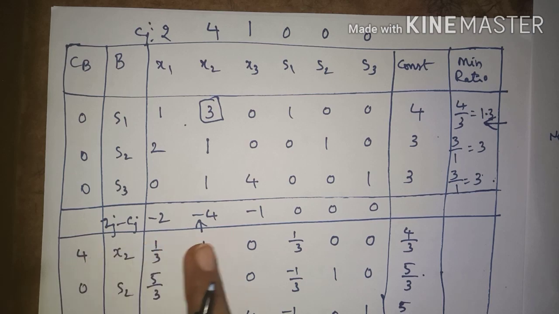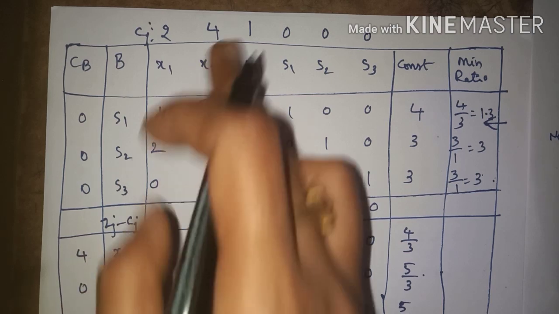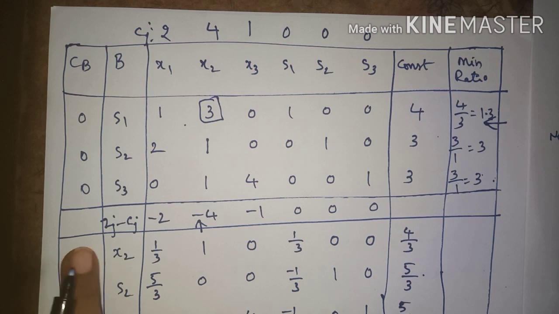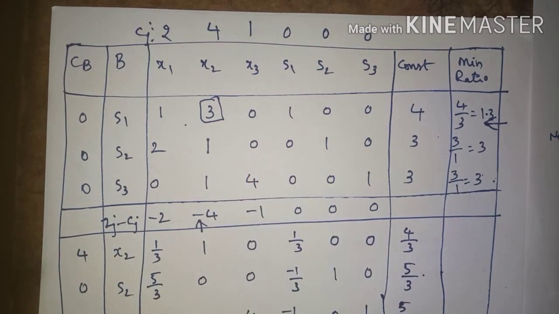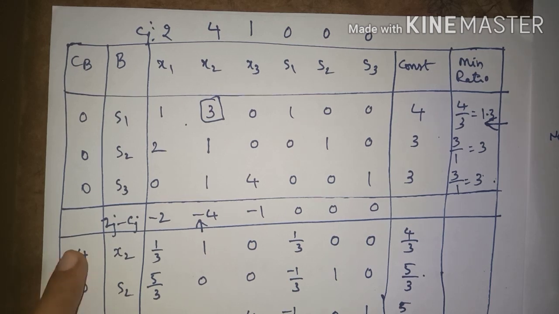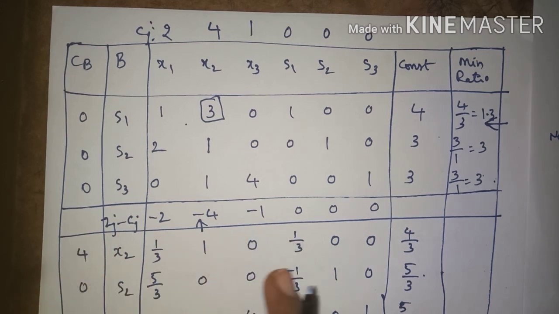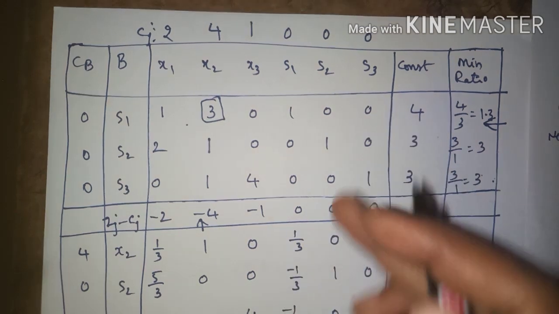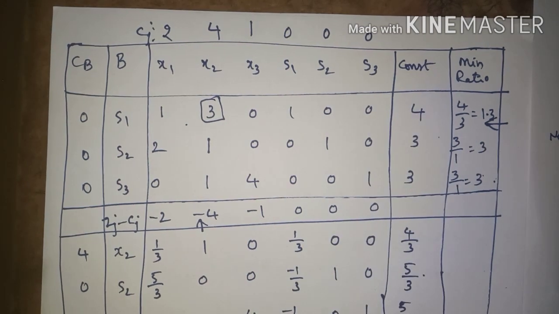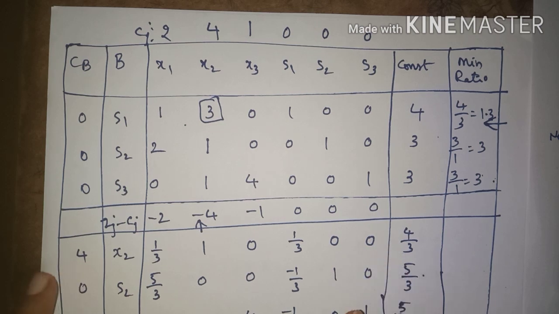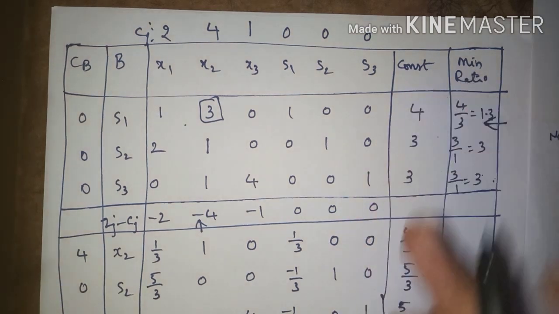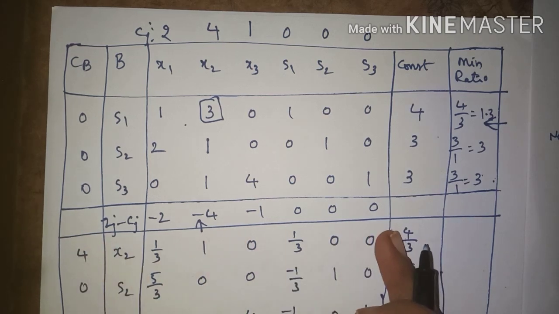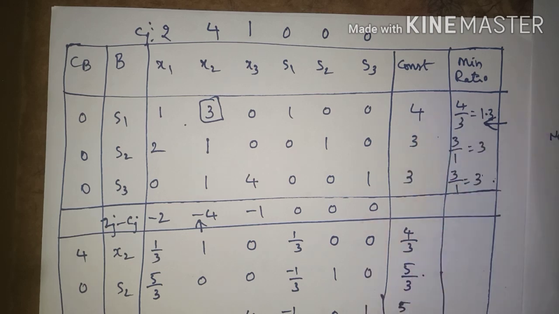4 into 1 is 4, plus 0, minus 4, that is 0. 4 into 0 is 0. 0 into 0 is 0. 0 into 4 is 0, minus 1, that is minus 1. Here 4 into 1 by 3 is 4 by 3, plus 0 into anything is 0, minus 0. 4 into 0 is 0, 0 into 1 is 0, 0 into 0 is 0, minus 0, 0. 4 into 0 is 0 plus 0 into 0 is 0 plus 0 into 1 is 0, minus 0, 0.